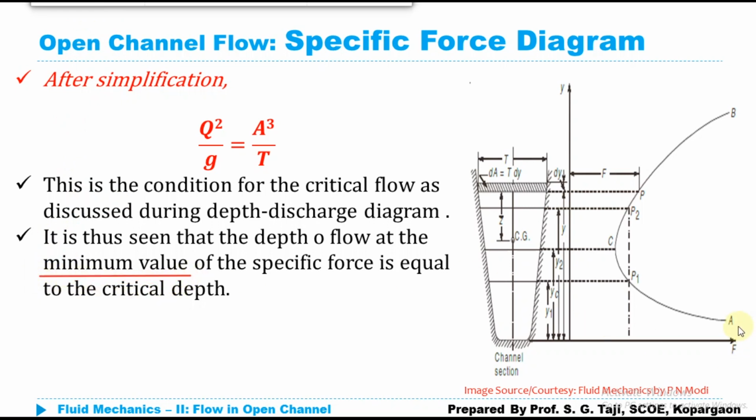This is the specific force diagram we have plotted with the increasing value of depth. With the increasing value of depth, the specific force is slightly decreasing, and as the depth of flow decreases, the specific force also goes on decreasing, and it comes to a minimum value at the critical flow condition, and after that it further goes on increasing. So specific force will be minimum at the critical depth of flow.